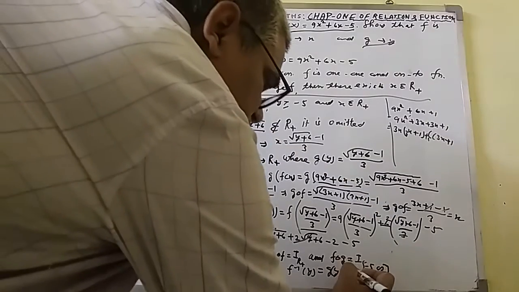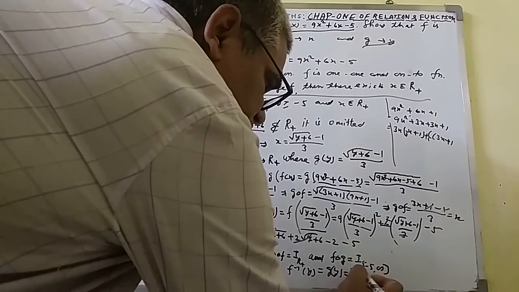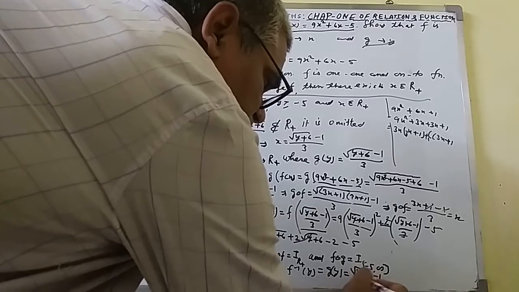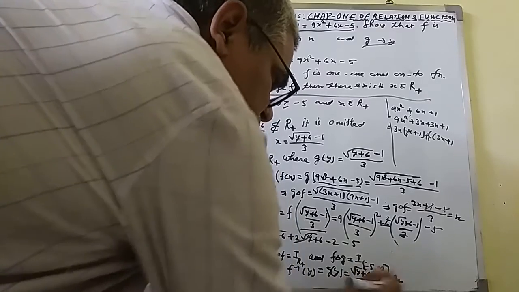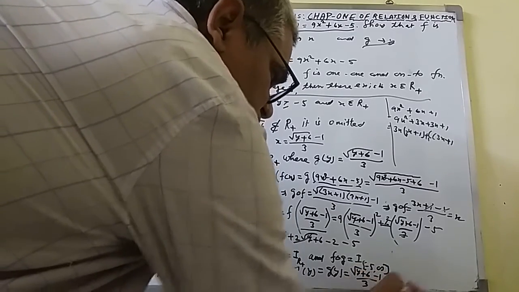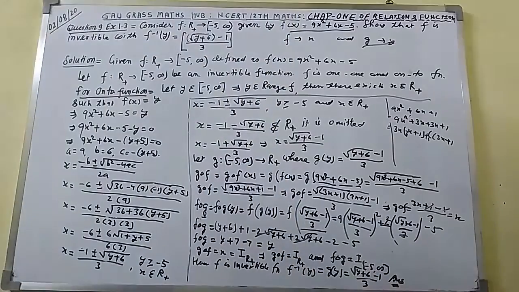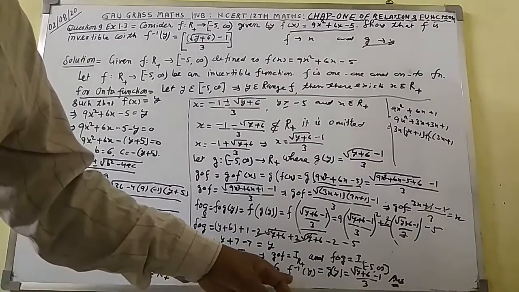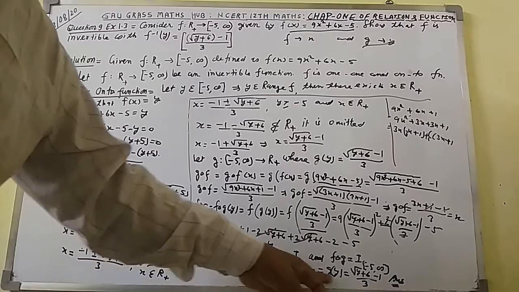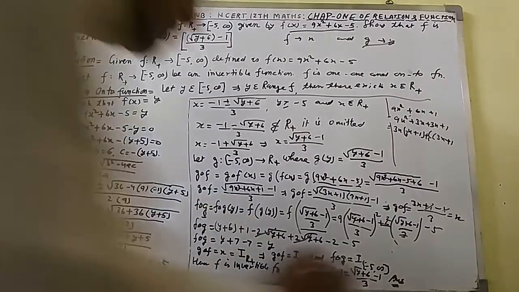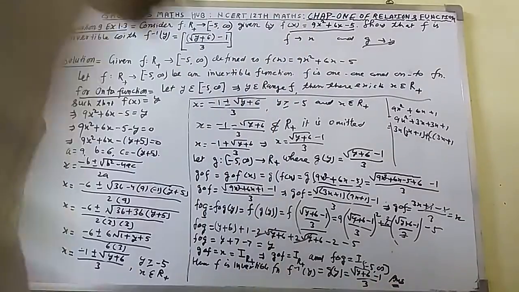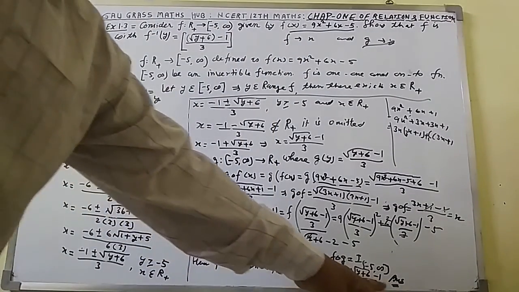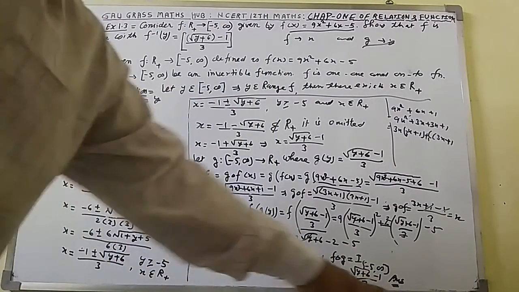So here you can write g(y) equal to (√(y+6) − 1)/3. So here we have got f is an invertible function. F inverse of y equal to g(y) equal to (√(y+6) − 1)/3. The g(y), this will be the correct answer.